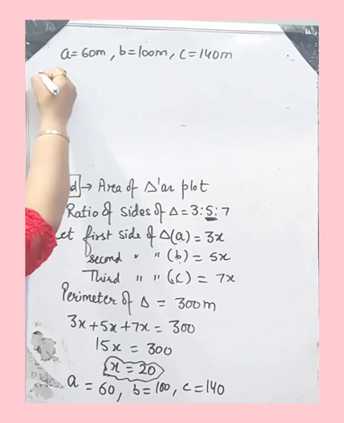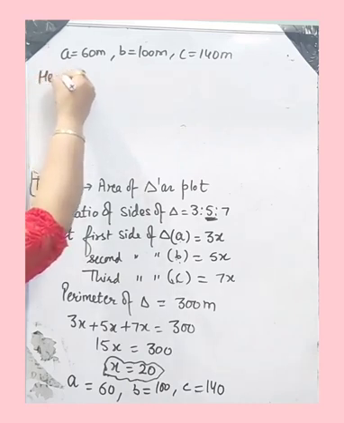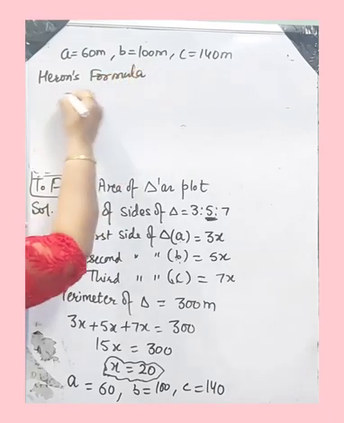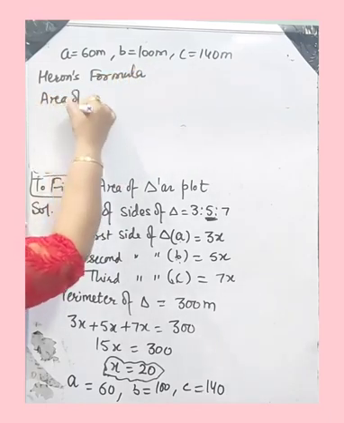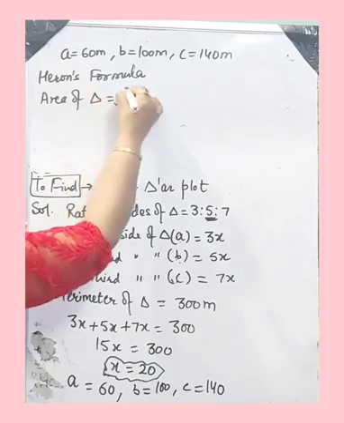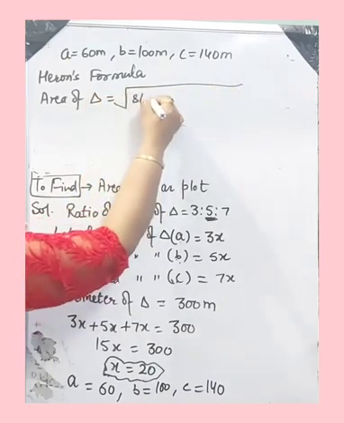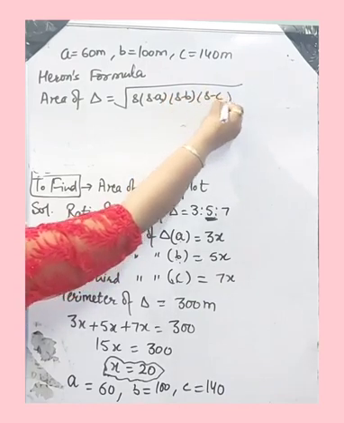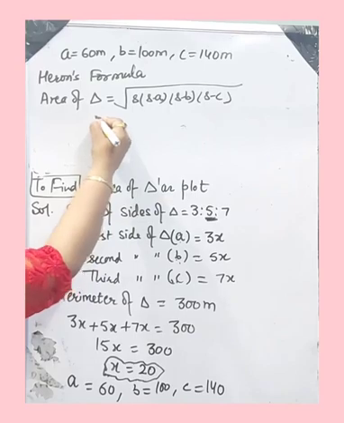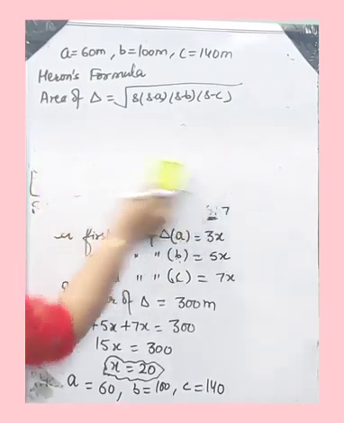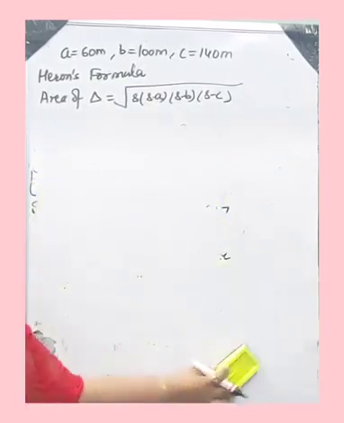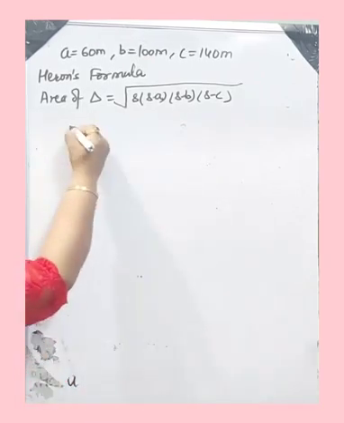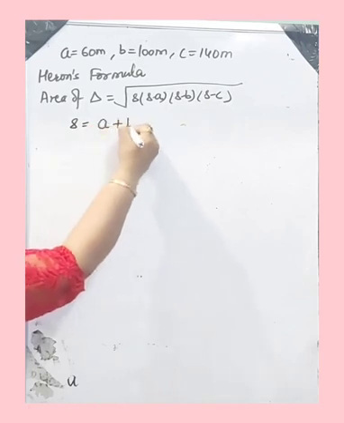Now we have to find area of triangle by using Heron's formula. Area of triangle equal to square root of S into S minus A, S minus B, S minus C. We know that S equal to semi-perimeter.